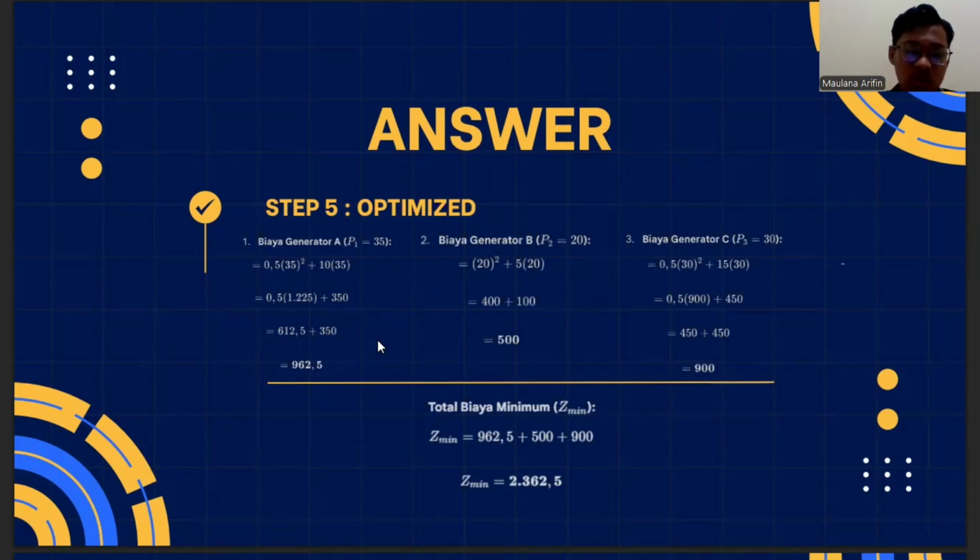So from the cost of generator A, we got a total of 962.5, generator B we got 1200, and generator C we got 900. So we got the total minimum cost, or Z min, equal to 2,362.5.